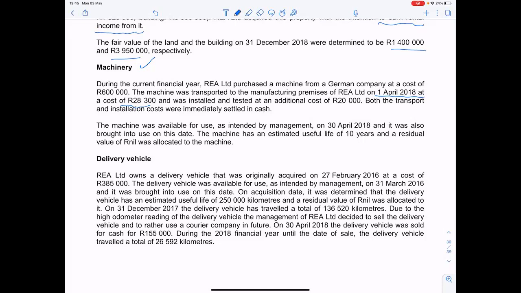So meaning that the cost of the machine is going to be 600,000 plus 28,300. Then it was installed and tested at an additional cost of 20,000. So the cost of the machine in 2018 is going to be 600,000 plus 28,300 plus 20,000.